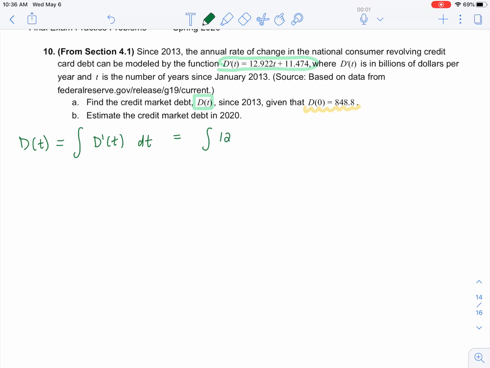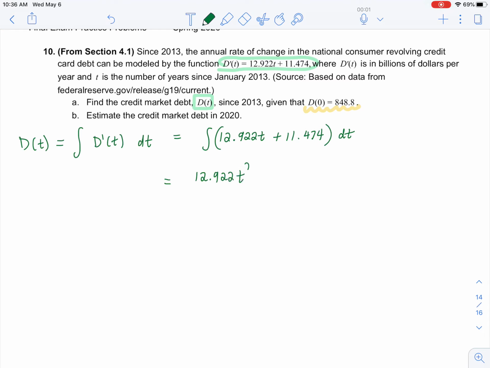So what is the d prime of t? 12.922t plus 11.474, and then don't forget little notations like dt over there. Let's go ahead and find the antiderivative.